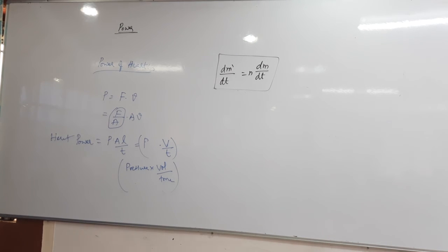Take density of the water as rho and area of the pipe as A. Initial velocity is V. V dash is equal to how much you are getting?